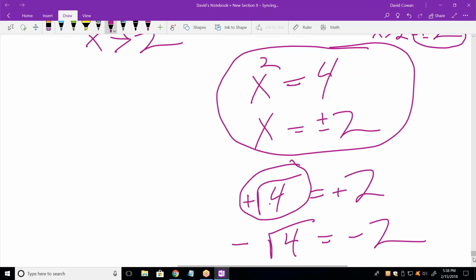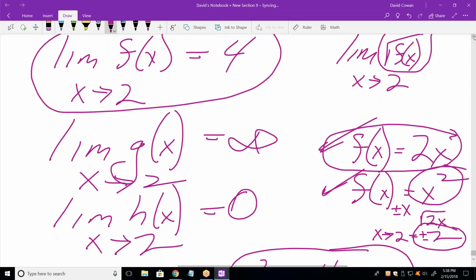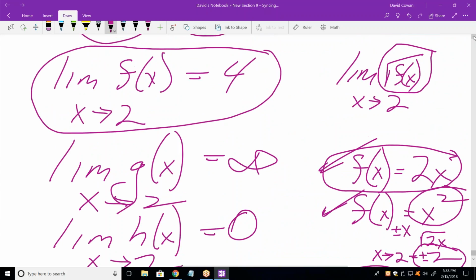Okay? So now let's go back up and figure out where I went wrong here. So then since you are just taking the root, would it be 4? The fact that that upper left is true means that f of x could be that, or f of x could be x squared.